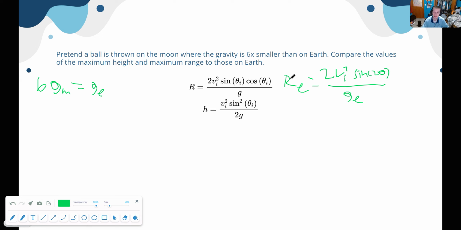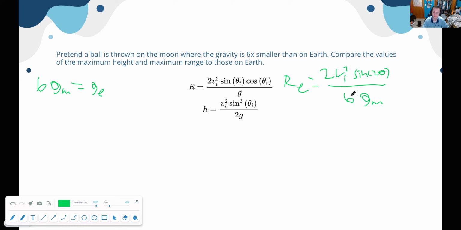So that would be the range on Earth, okay? But we want the range on the moon, right? So one way you can do this is to get rid of that and put in 6g sub m down here, right?